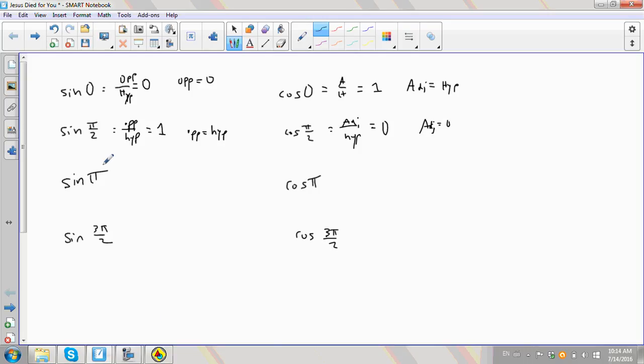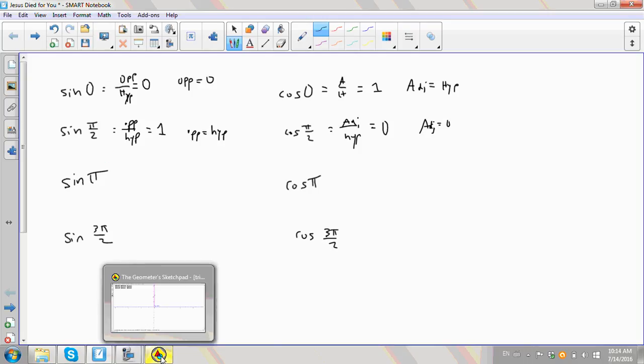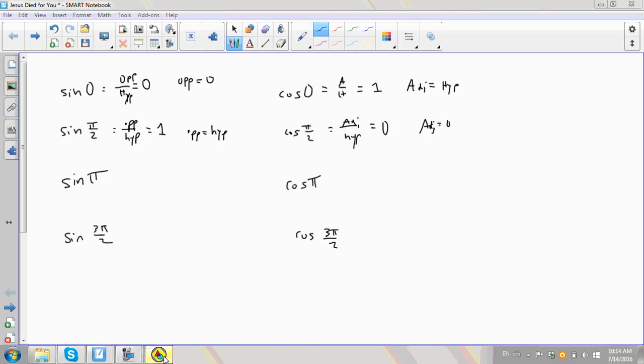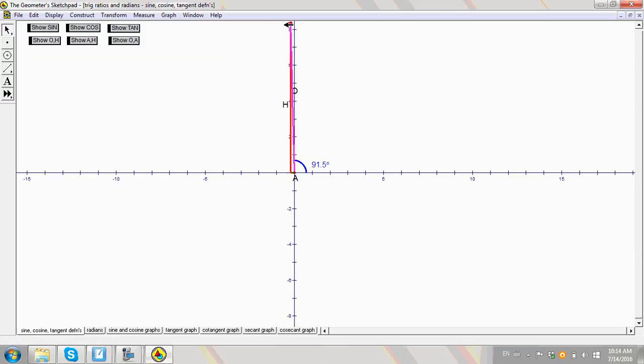And now, how about the sine of pi? We have to think a little bit, when we get out to pi, come back around here. Well, when we get to pi radians, 180 degrees, the sine, look what's happened to O again. The opposite side is 0 again. So the sine of pi, just like it was at 0, the opposite side length is 0.